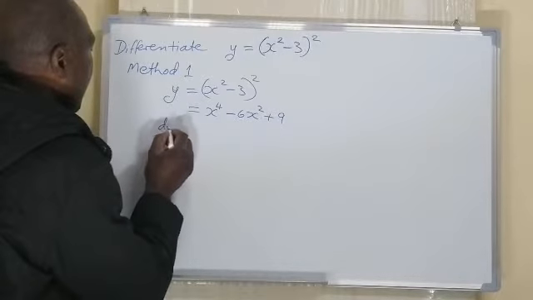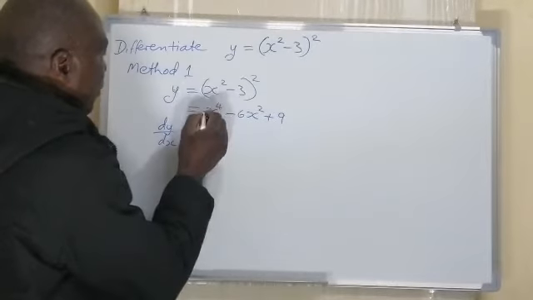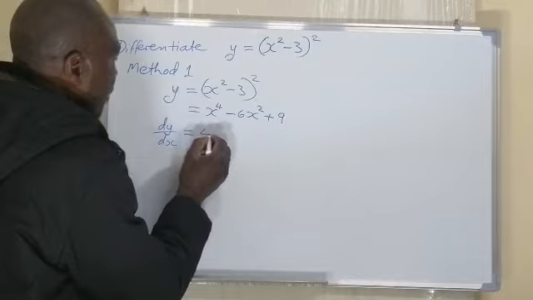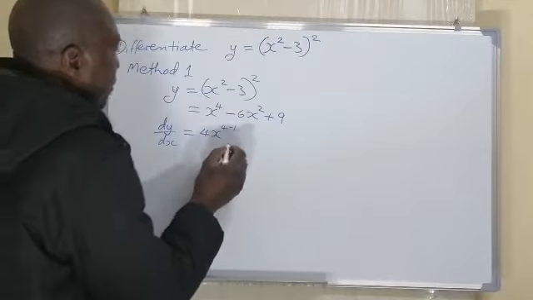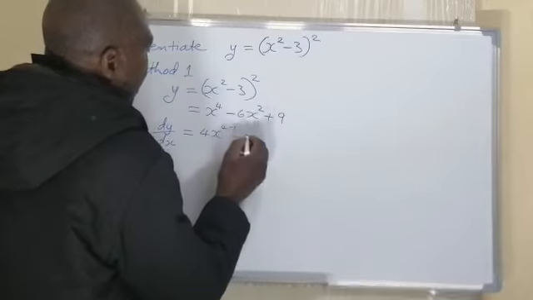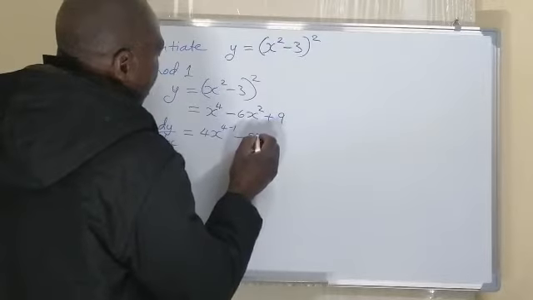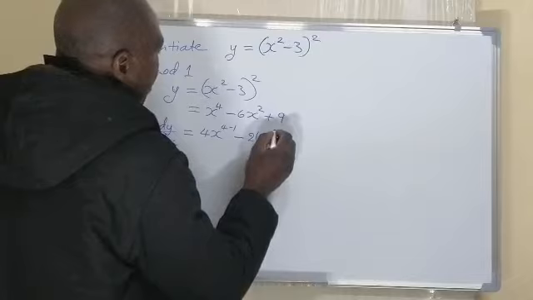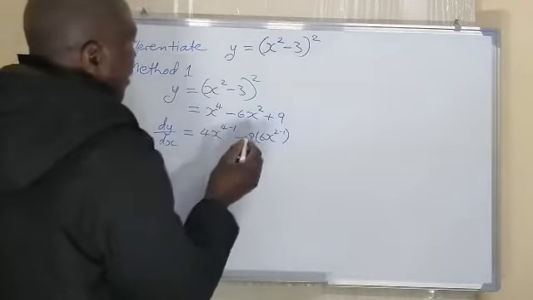Then we say dy over dx is equal to 4 times 1, which is the coefficient of x to the fourth, it is 4x to the power 4 minus 1, minus 2 times minus 6, so it's 2 multiplied by 6x to the power 2 minus 1, like that.